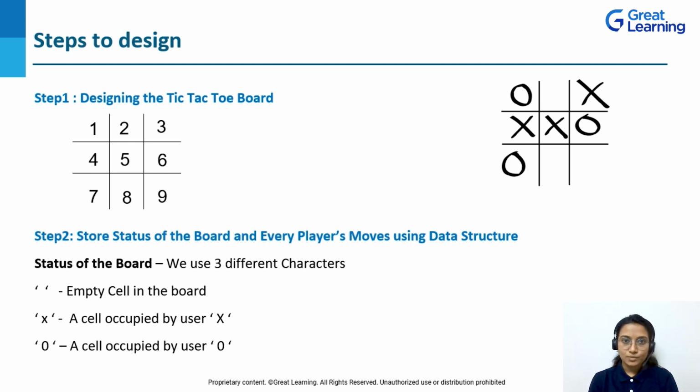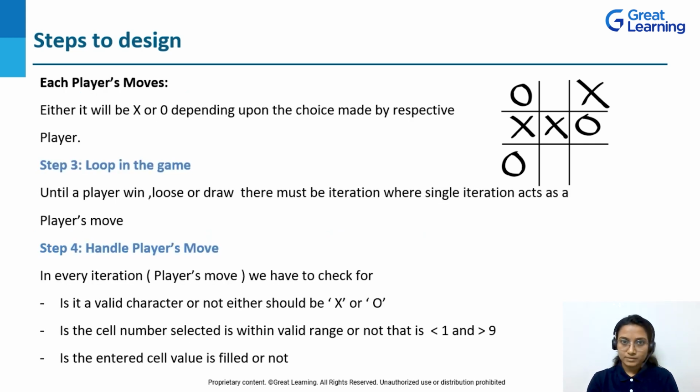And in step 2, we have to store the status of the board and every player's moves using a data structure. Right? So the status of the board might be any of 3 different statuses. One would be empty, second would be filled with X, third would be filled with O. What about players' moves?